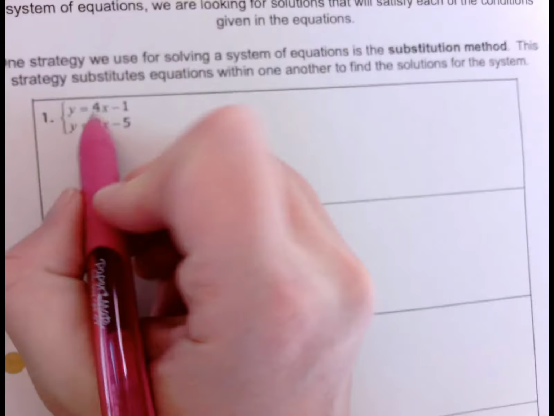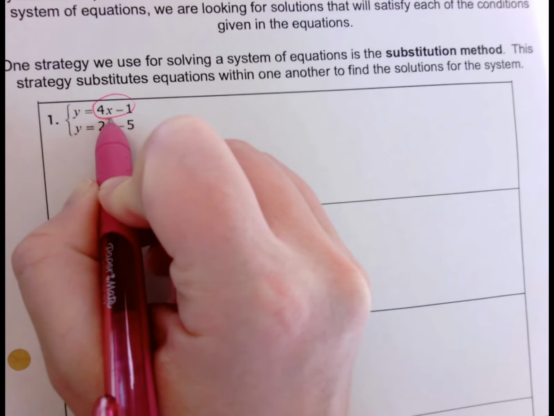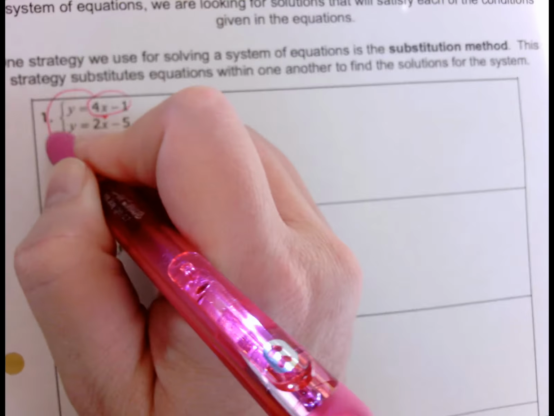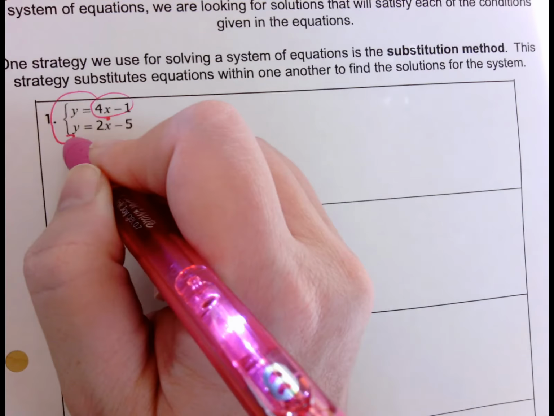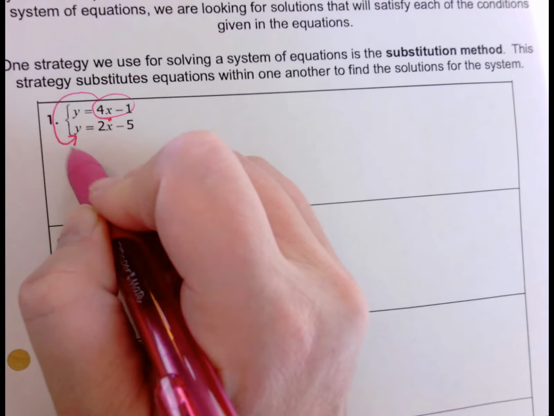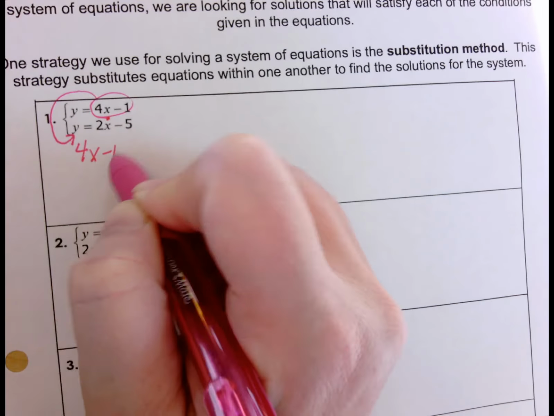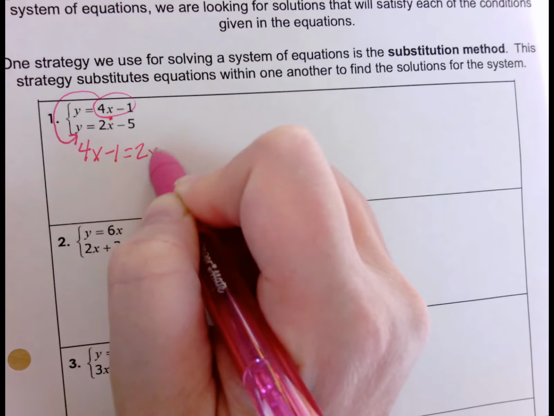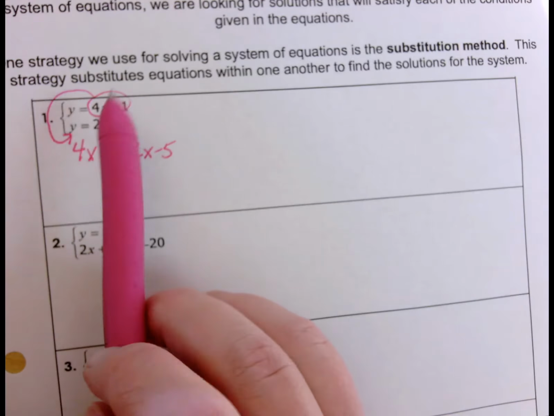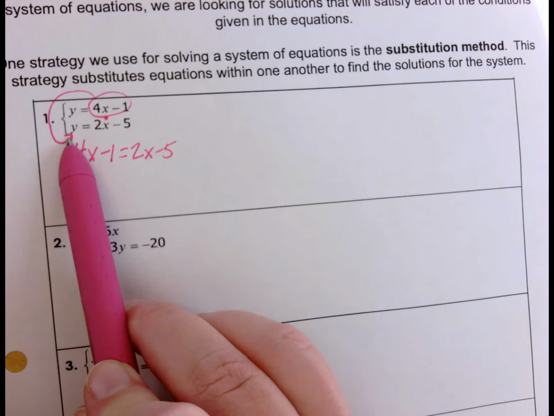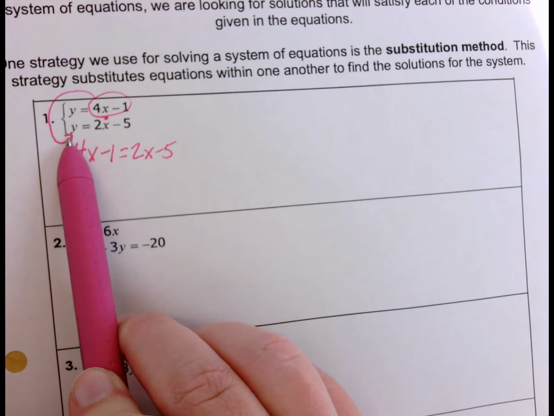So if y is equal to this, then in place of the y, I can substitute it here. So what I actually end up having is, instead of y, 4x minus 1 is equal to 2x minus 5. I substituted a value that I know was equal to y for a y in another equation.